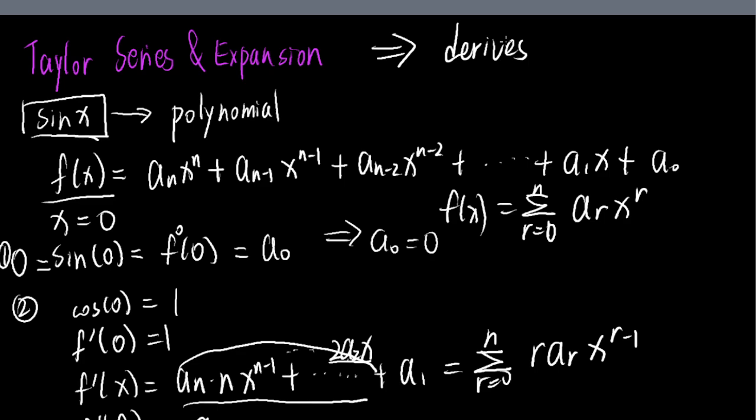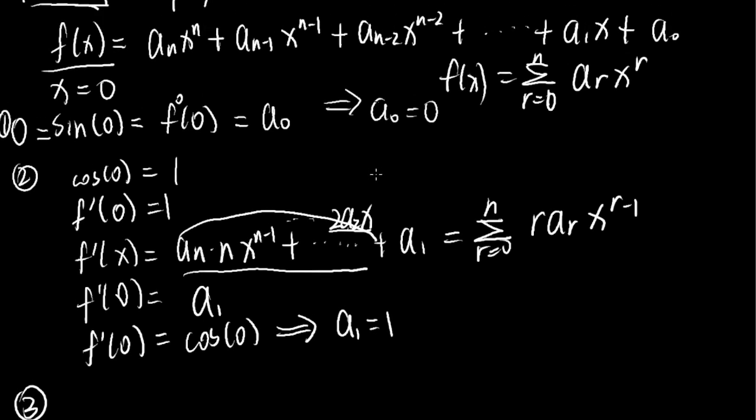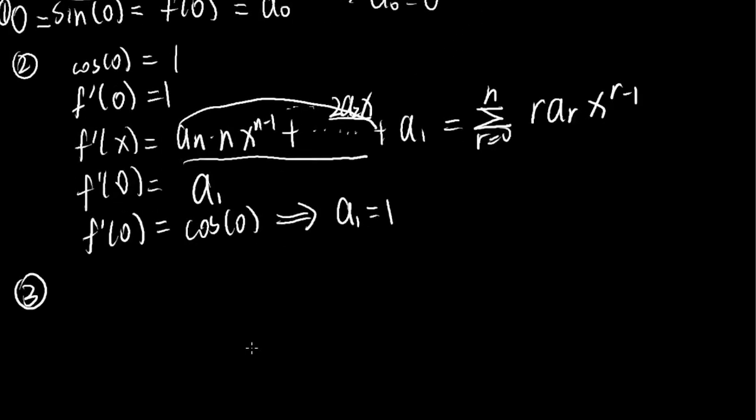The key is that we can take any derivative easily because it's a polynomial, and if we expand at x equals 0, all the other terms will be 0, and the only term left is the final term that has no x.